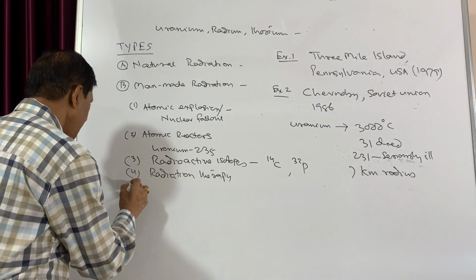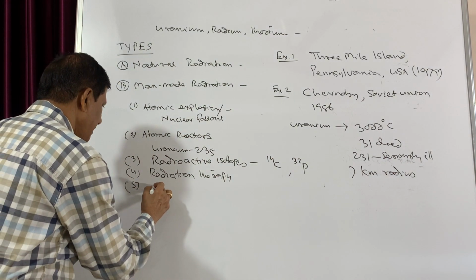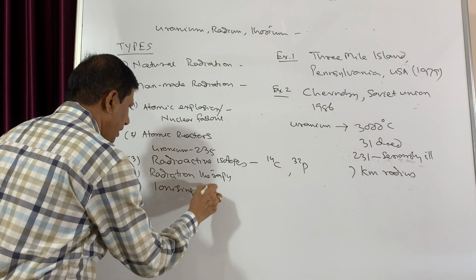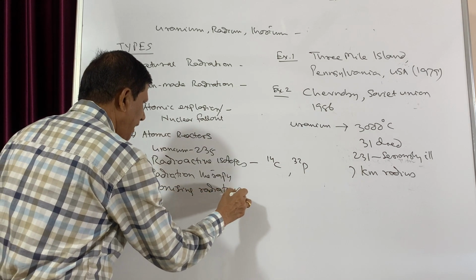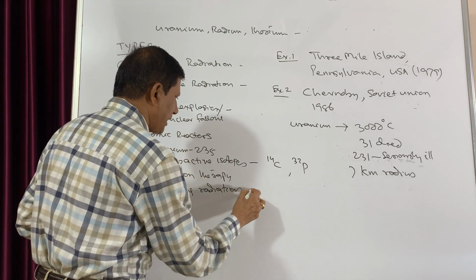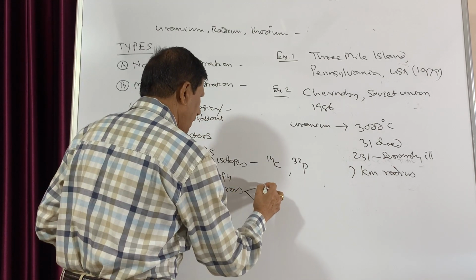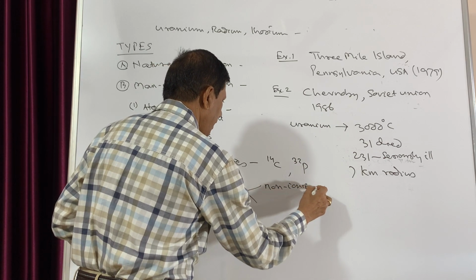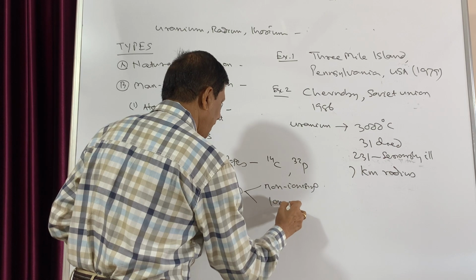Then another is ionizing radiations. Now the radiations we can categorize into two types: one is non-ionizing and the other is ionizing.